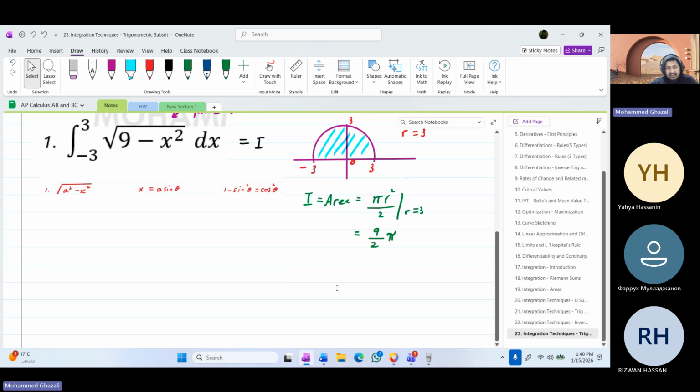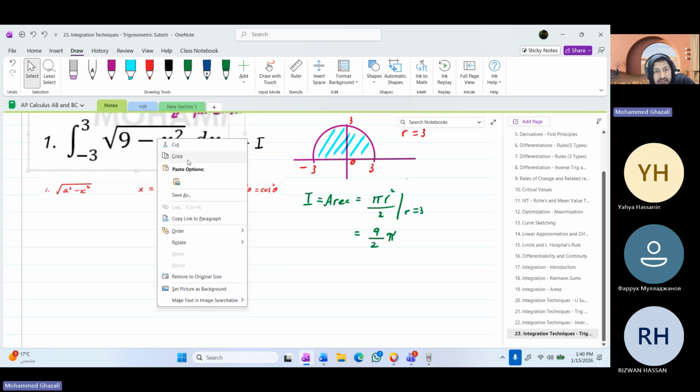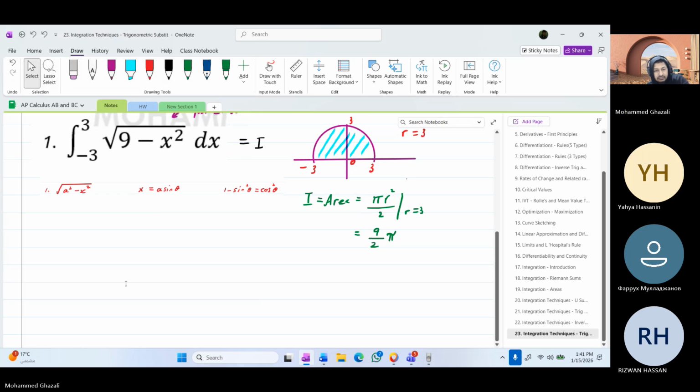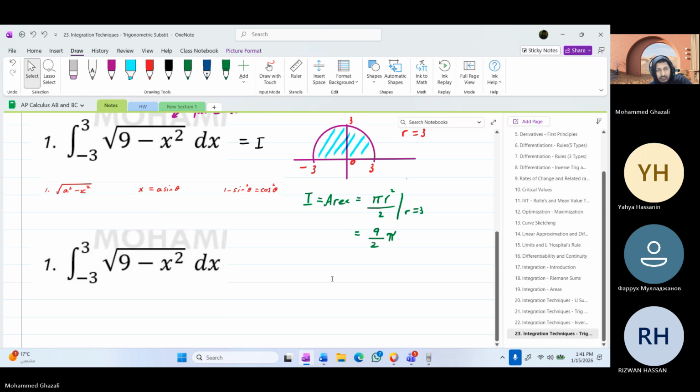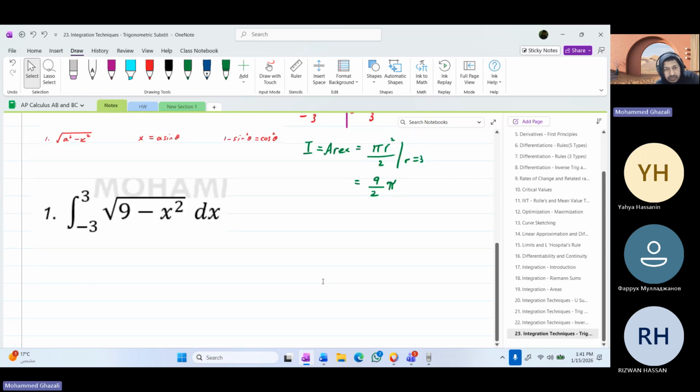So now let me rewrite this problem again. Let's redo it. We are identifying this form to be a squared minus x squared. So we will say, let x be equal to a sine theta. What is a?